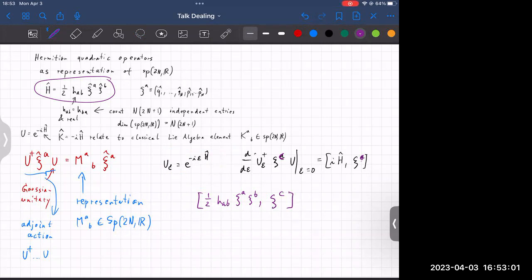Now we can use the standard moving stuff out. There should be an i in front, and we get i over 2 H_AB in front, and then we have in parenthesis psi A times the commutator of psi B with psi C, plus we take psi B out, so we get the commutator of psi A with psi C times psi B.